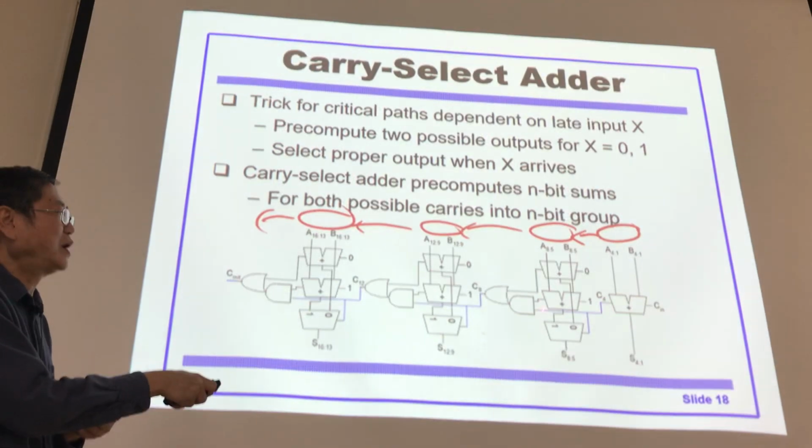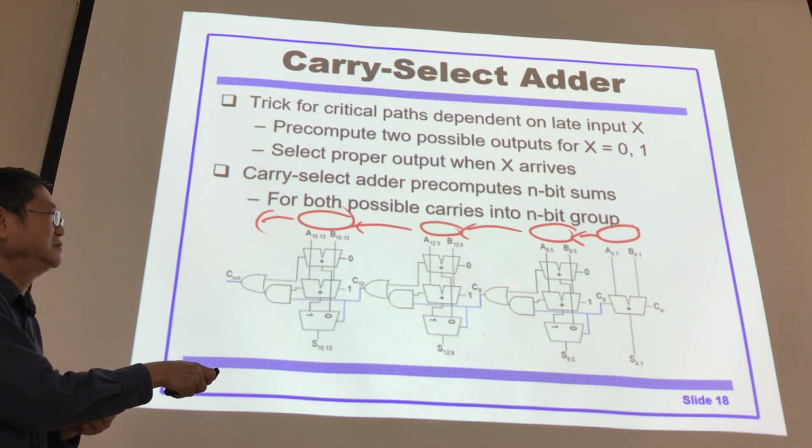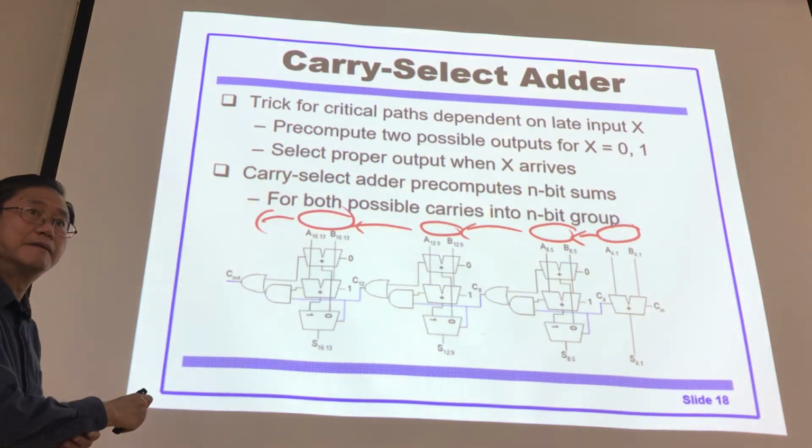Right after C4 arrives, you will get C8 very quickly because there's a short delay, only the small circuit.